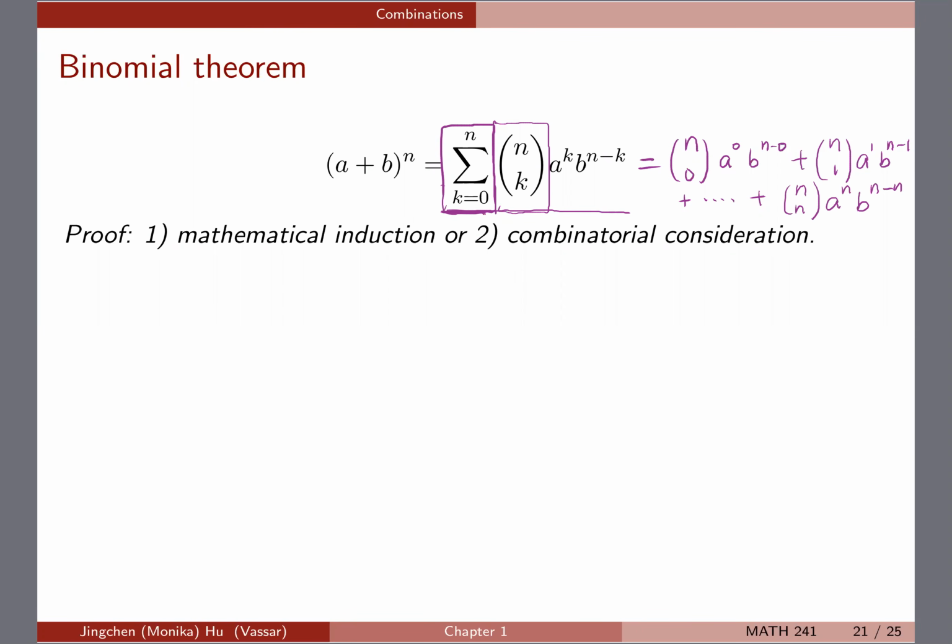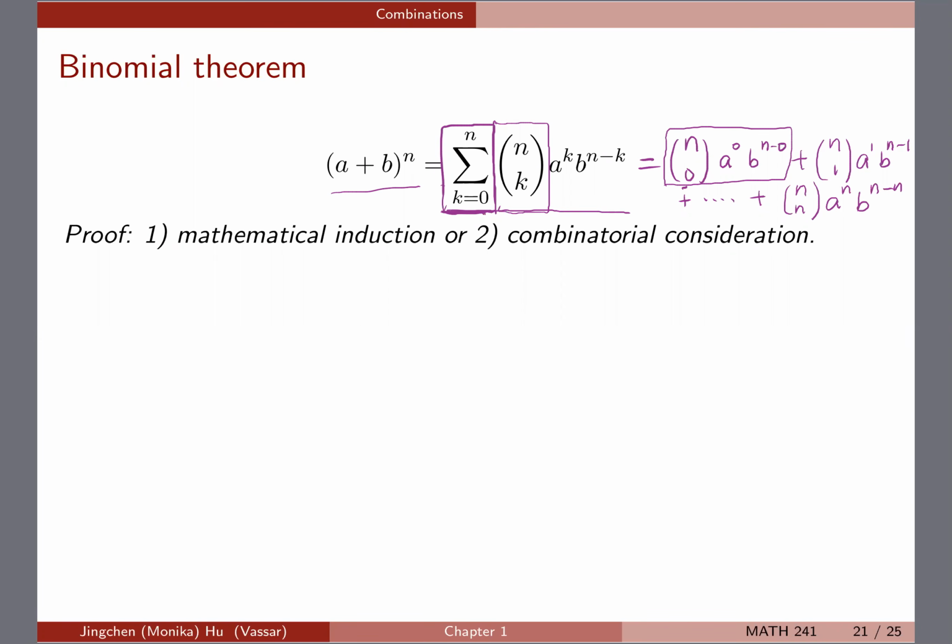The binomial theorem can be proved by mathematical induction, as in the other courses we talked about before, and can also be proved by combinatorial consideration. So this is what we are talking about here. Let's look at the first term really quick. Because a plus b is raised to the power of n in total, each term of the sum is going to be a combination of a and b in terms of their powers.